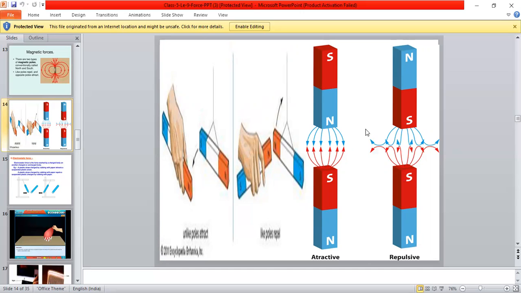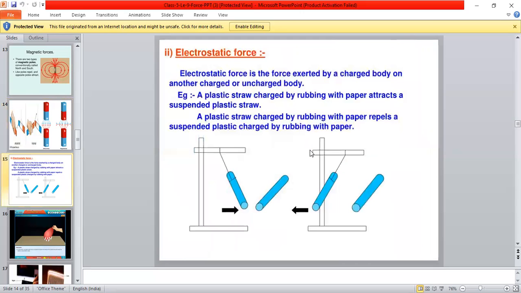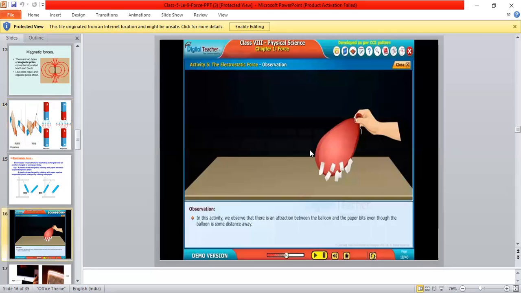Next, we are going to see about the electrostatic force. Now, what is an electrostatic force? When you rub certain things, they get charged and they attract the lighter objects. Okay? Here is a simple experiment which demonstrates the electrostatic force.